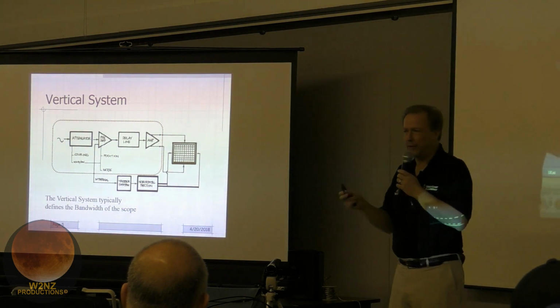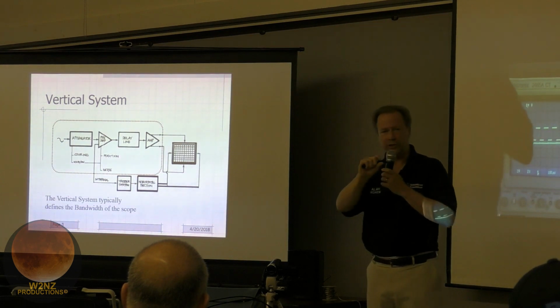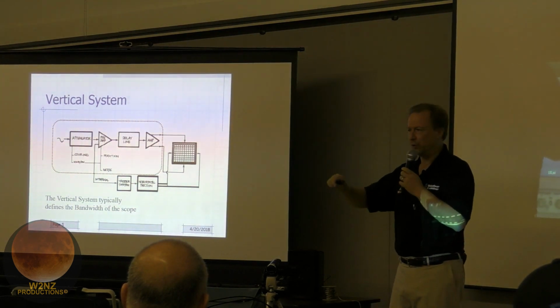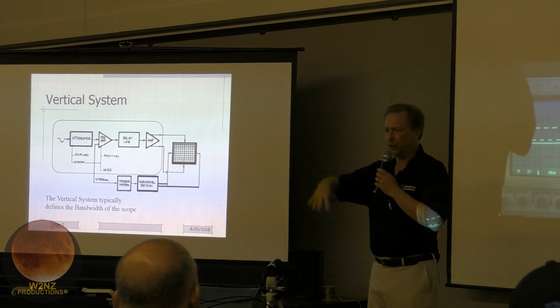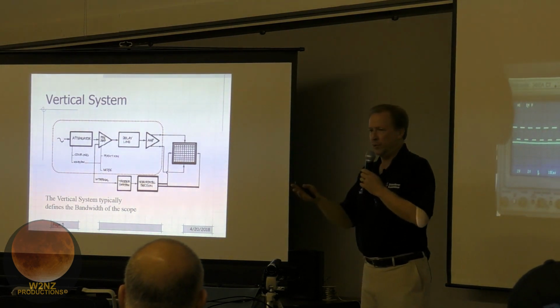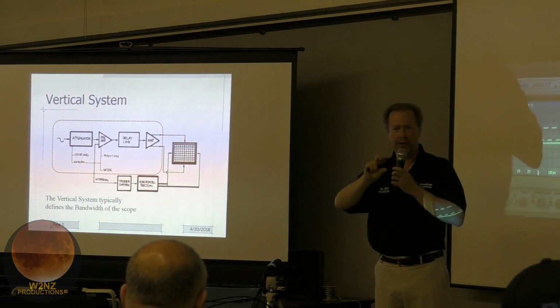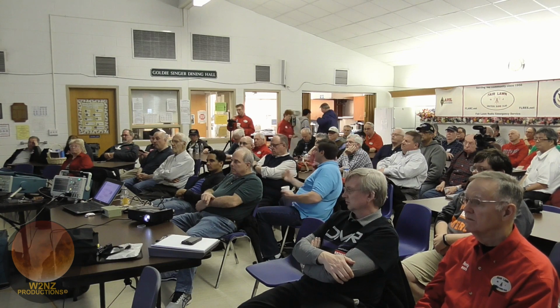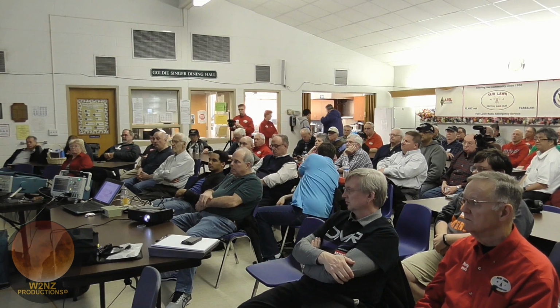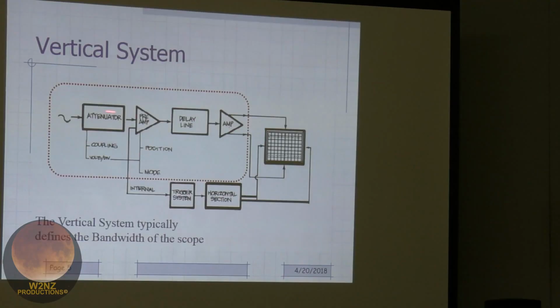The reason we do that is it's a lot easier to make a wideband amplifier at a fixed gain and just adjust the amplitude going in, as opposed to developing an amplifier that can be adjusted over 20 to 30 dB and keep it linear over that wide frequency range. Just the same reason we have superheterodyne radios, right? You have all the processing going on in an IF, because you can do everything at a constant IF frequency and just vary what lands in that IF. So we're doing the same thing in a scope, just for gain control and amplitude flatness, regardless of what the vertical setting is.